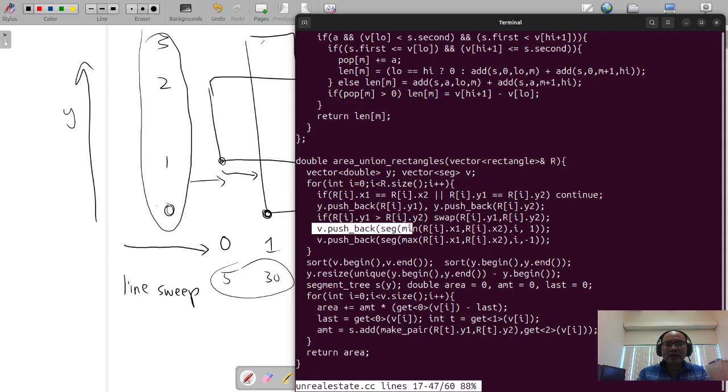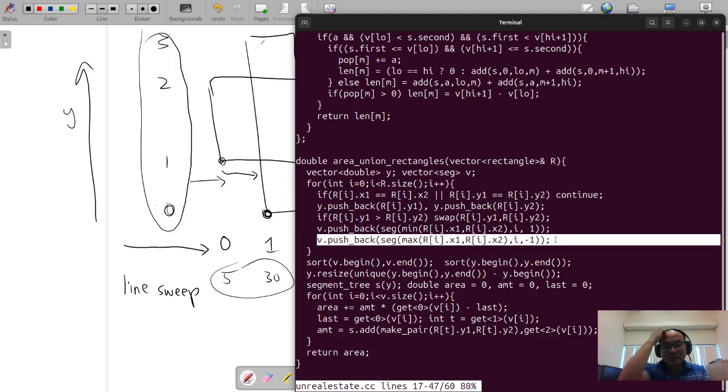And these segments basically have these +1 and -1. +1 means that when you scan it, basically it enters the system, and then -1 means it doesn't, right?